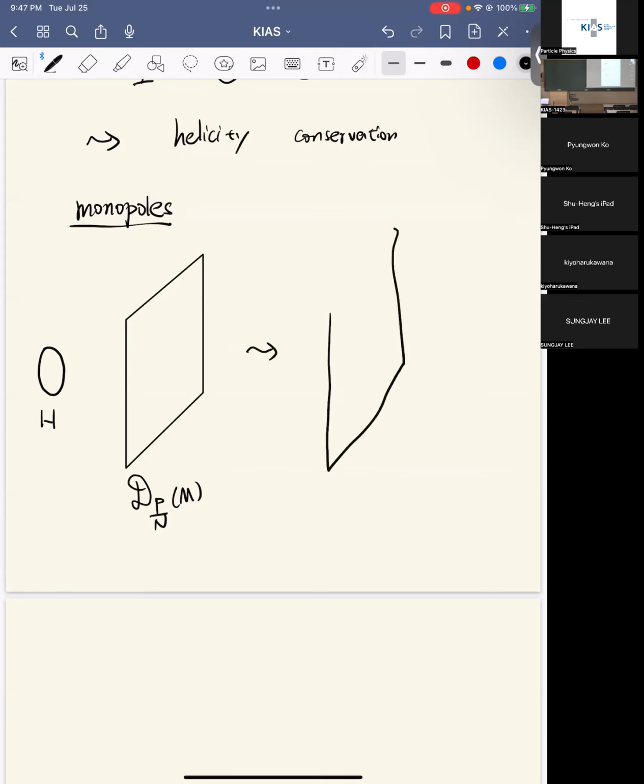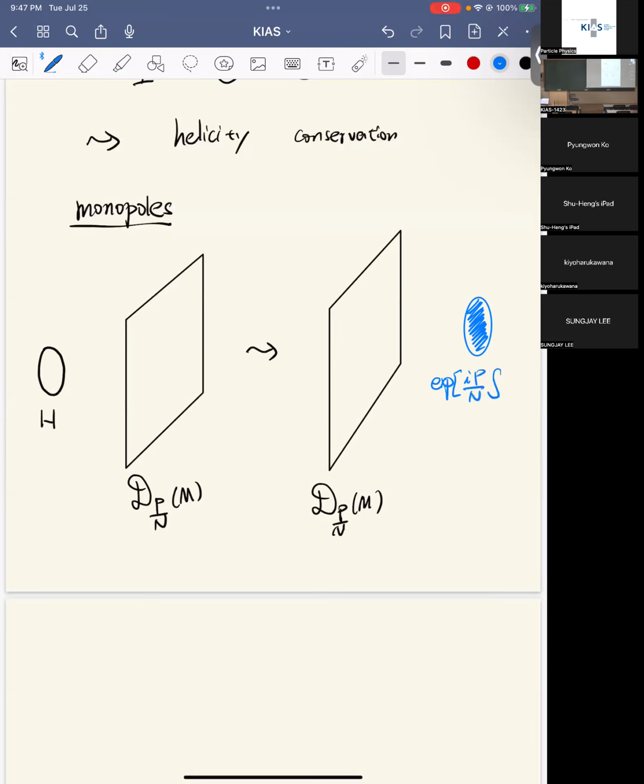And after that happens, what you obtain is the following. You no longer just get a line defect. You get a disk operator. And this takes the following form. So what is this operator?